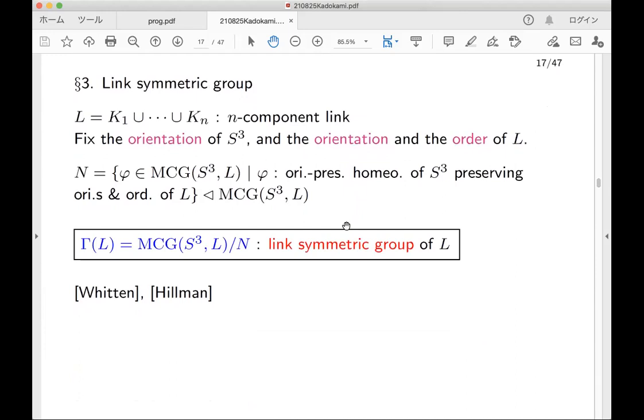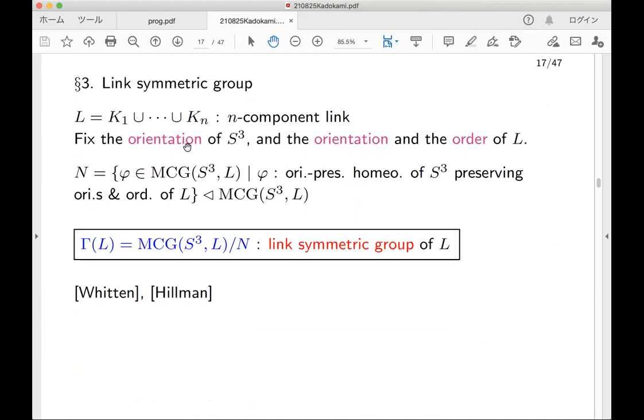We would like to explain the link symmetric group. This notion is due to Whitten and Hyunwoo. Let L be an n-component link.